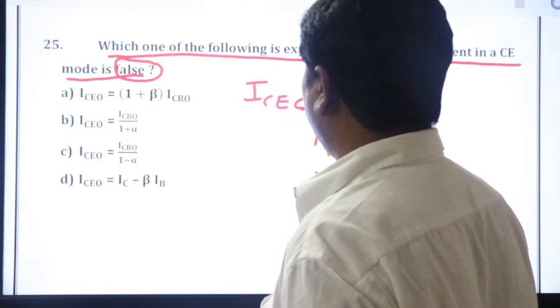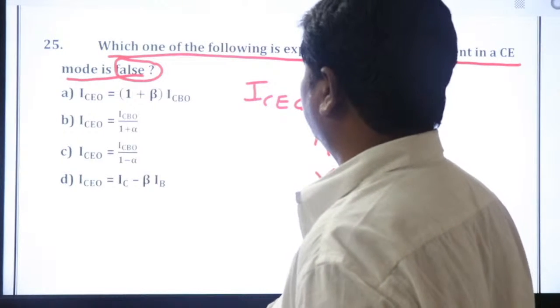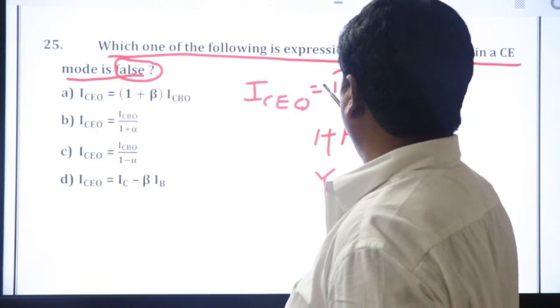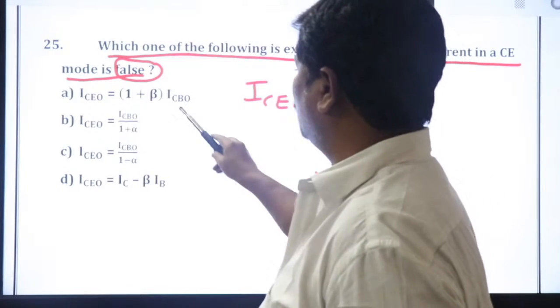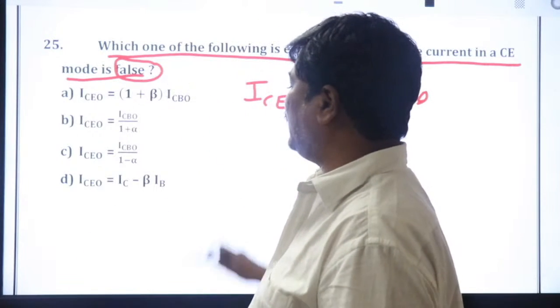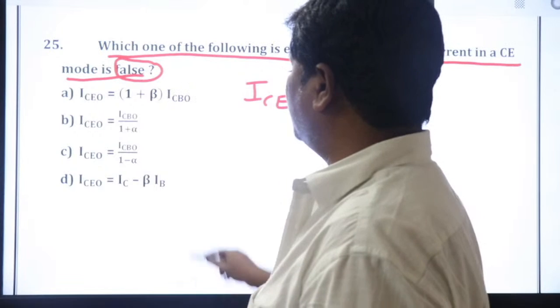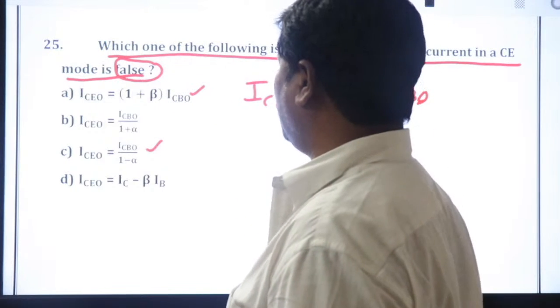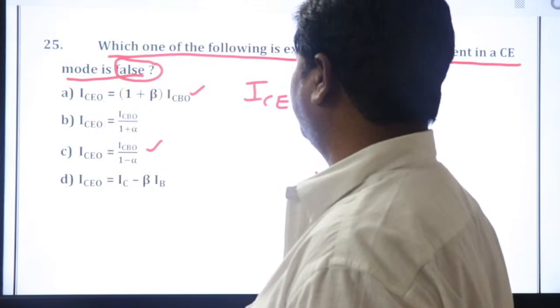So this is the correct answer. This means the relation is valid. This relation is also valid. This relation is also valid. Which one is an invalid relation, you have to see.